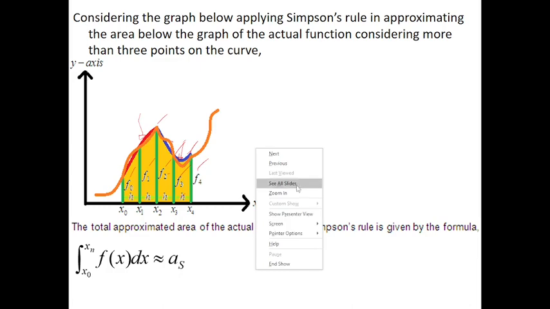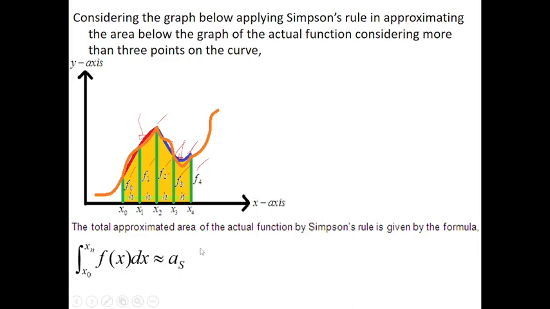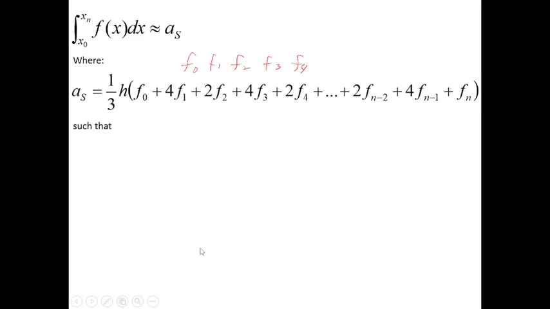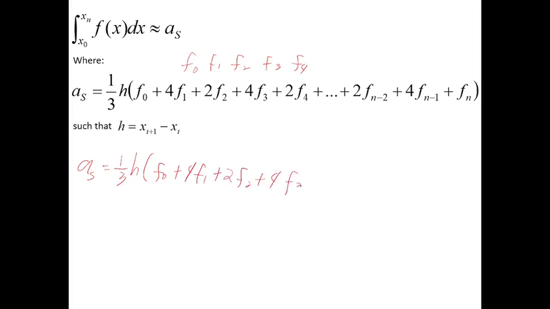With that, the formula using Simpson's rule is equal to 1/3 h of f sub 0 plus 4 f sub 1 plus 2 f sub 2 plus 4 f sub 3 plus 2 f sub 4.